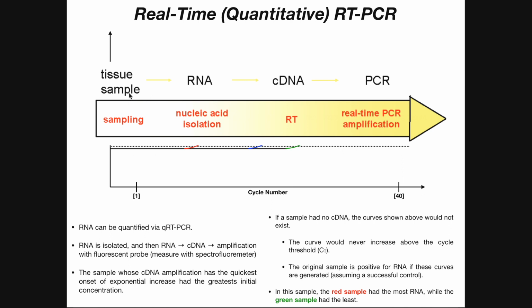If the sample extraction was faulty for some reason, there wouldn't be any RNA. And therefore there wouldn't be any DNA through reverse transcription, and there wouldn't be any amplification with the fluorescence. But that's not because there wasn't necessarily viral RNA. That could be because the tissue sampling was faulty. Maybe if they redid the tissue sample, they'd get that RNA and then find out that the person was in fact positive for the infection.